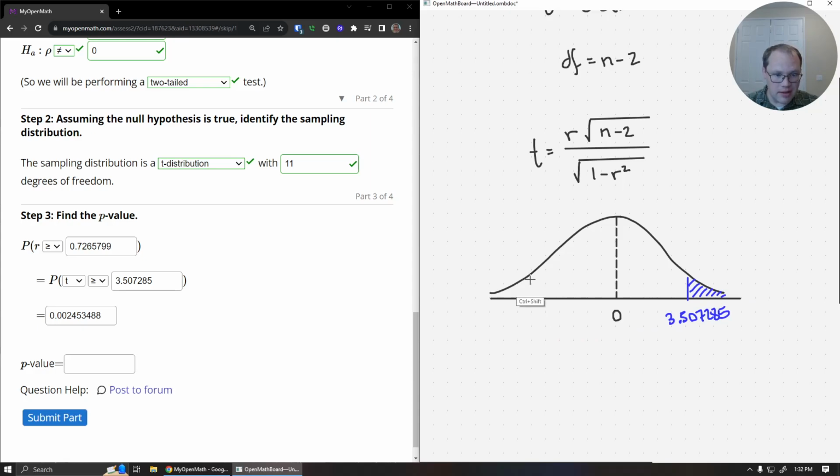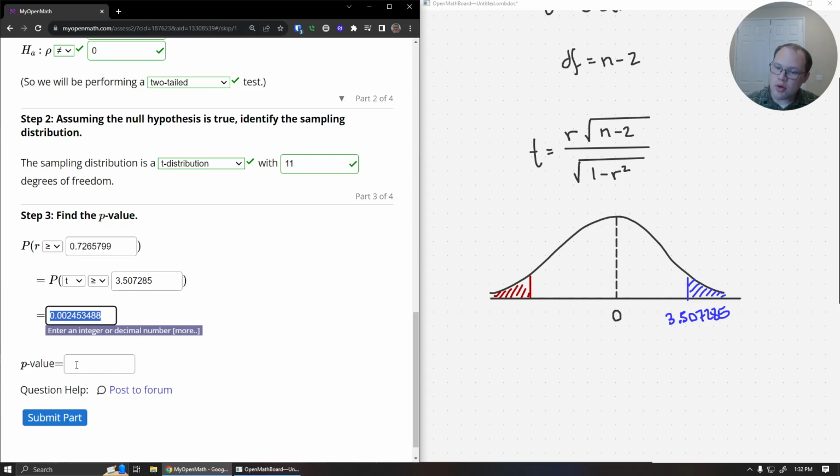Because of the symmetry, and because the probabilities are mirrors of one another, the two tails together are just twice the probability in this tail. That's always how two-tailed probability works. So I'm just going to take this value and multiply it by 2, and that will give me my p-value for this two-tailed test.